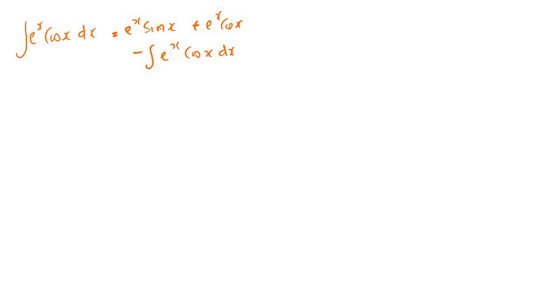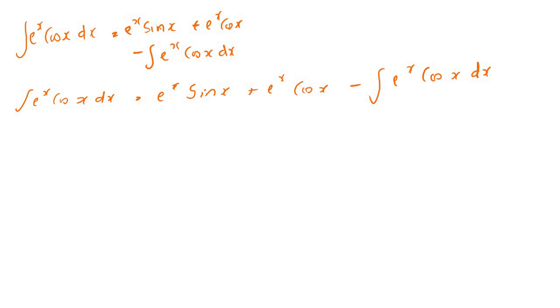Let me rewrite this: integral e to the power x cos x dx is equal to e to the power x sine x plus e to the power x cos x minus integral e to the power x cos x dx. If we bring this part to this side, we have twice that.